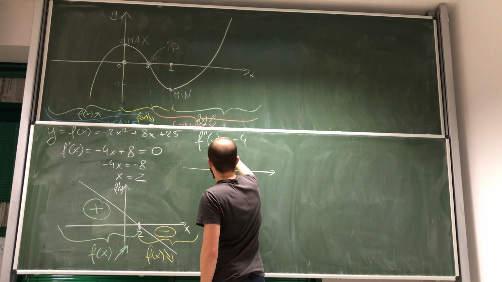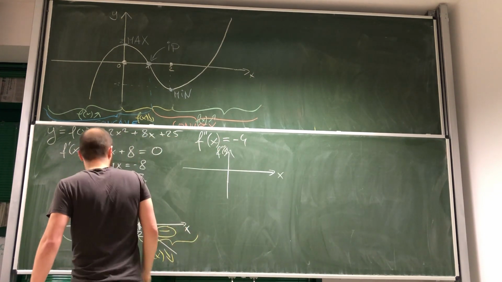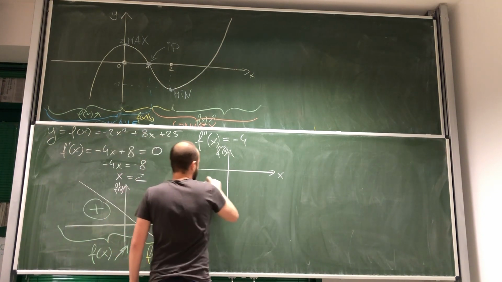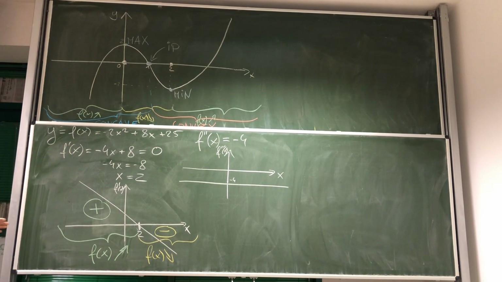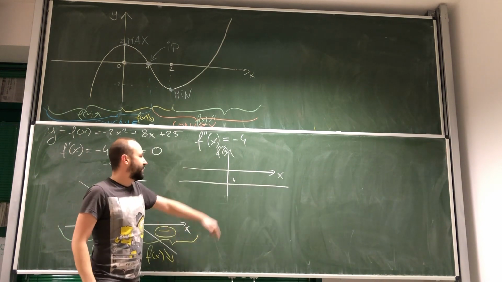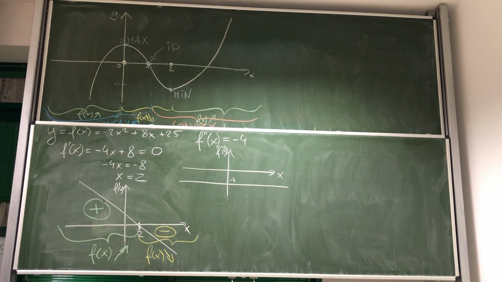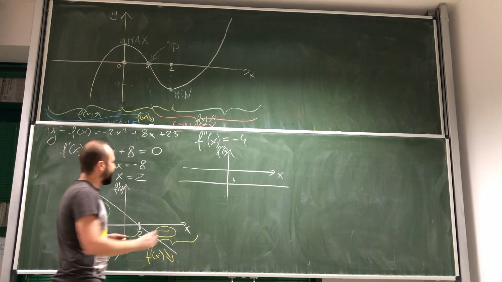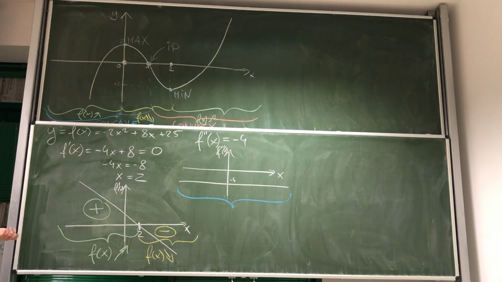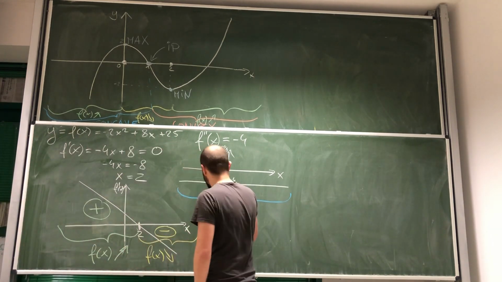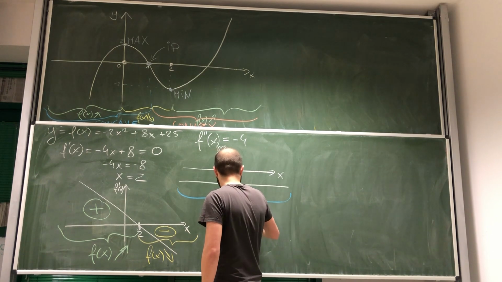Here we have f double prime of x, and here we have x, then this function is a constant function at negative 4, and because the second derivative is always negative, it means that the original function is everywhere concave, right? Because it has negative acceleration.